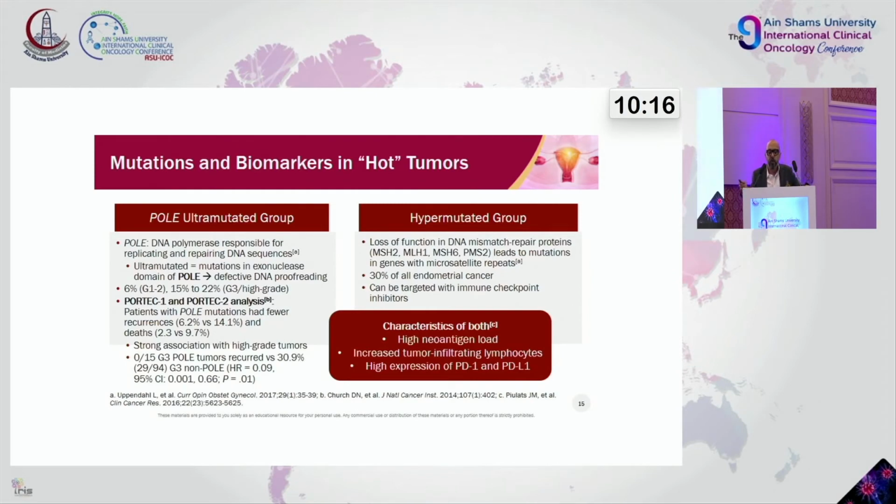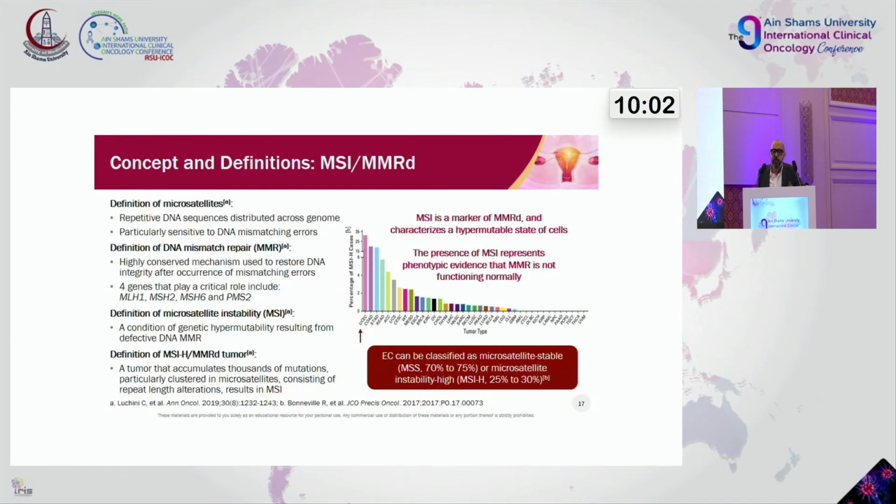Mutation and biomarkers in hot tumors, the POLE ultra-mutated and the hypermutated group. Characteristics of both are high neoantigen load, increased tumor infiltrating lymphocytes, and high expression of PD-1 and PD-L1. Concept and definition of MSI or mismatch repair deficiency: microsatellites are repetitive DNA sequences distributed across the genome, particularly sensitive to DNA mismatch errors.